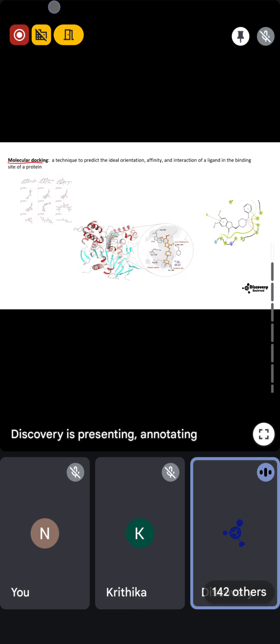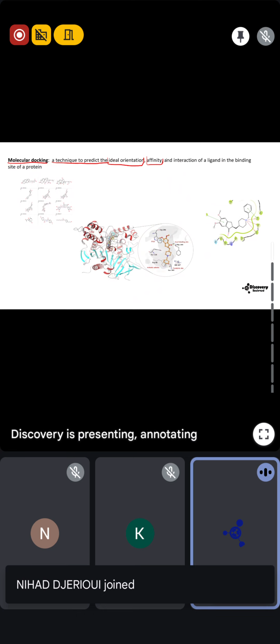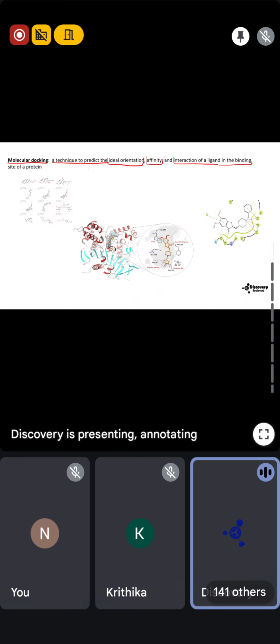Okay, so let's see what molecular docking is. Molecular docking is a technique to predict the ideal orientation, affinity, and interaction of a ligand in the binding site of a protein or enzyme. So one is the orientation.